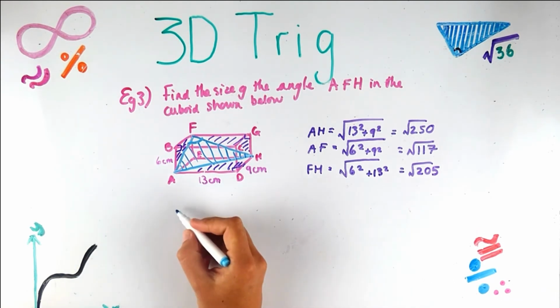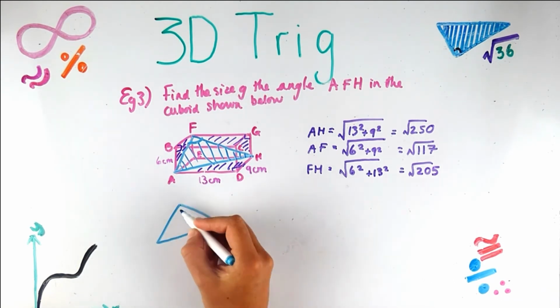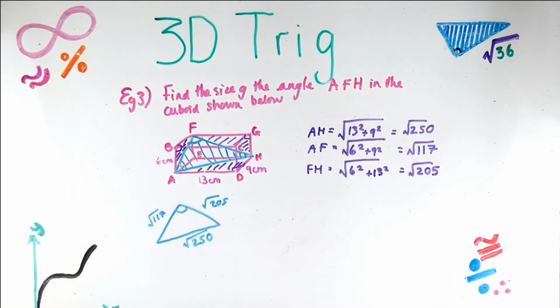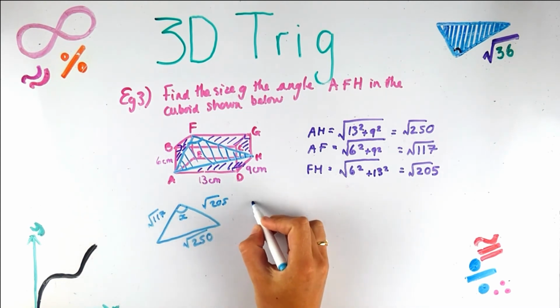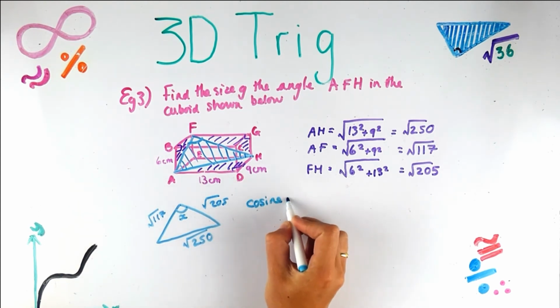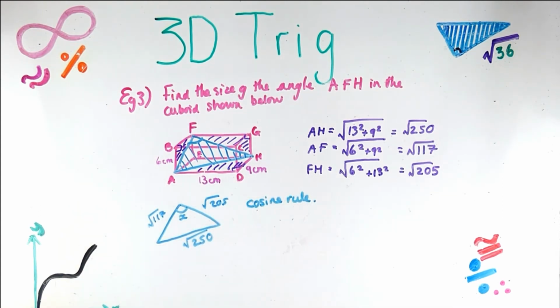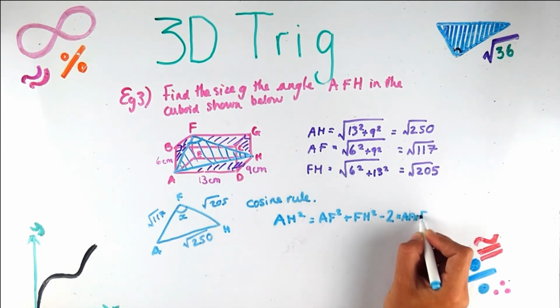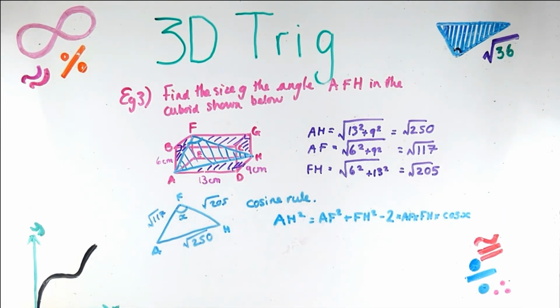If I redraw out this blue triangle. Okay, so now we're going to find the angle x using the cosine rule. So we're just going to use the formula of the cosine rule and put the values in. Okay, putting the numbers in.